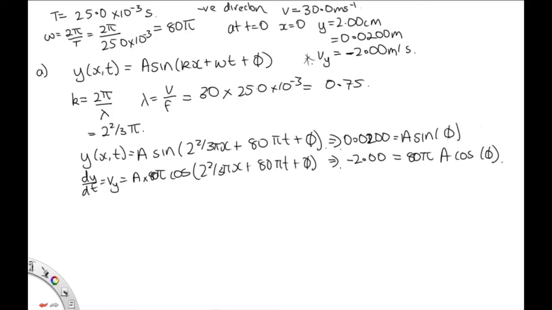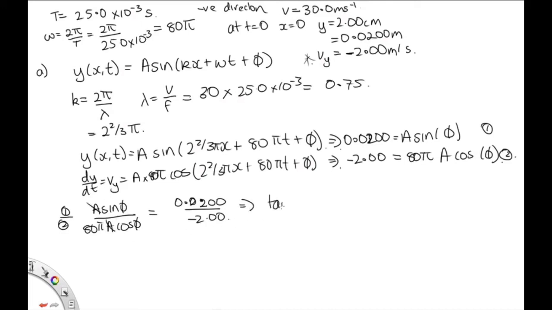Okay, now let's start by finding the phase angle, which is actually part B. Let's call this 1 and let's call this 2. If we do 1 over 2, we end up with A sine phi over 80 pi A cos phi is equal to 0.0200 over minus 2.00, and these A's cancel out and this becomes a tan.